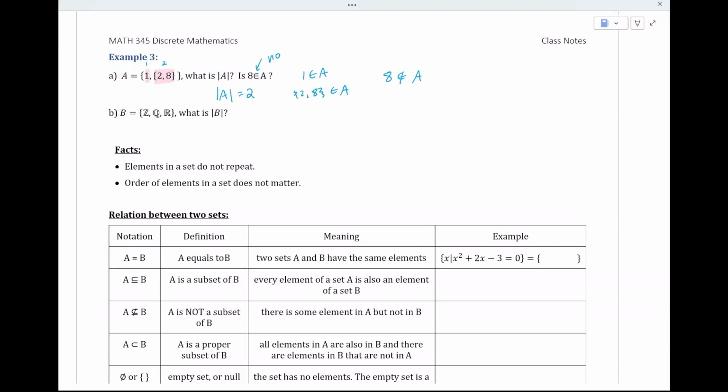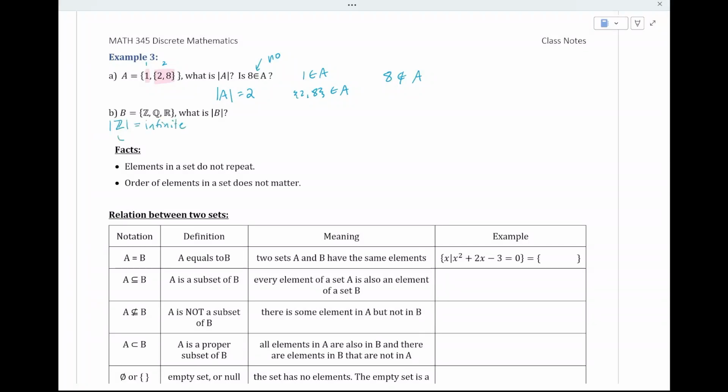Here's another set. B is the set that contains Z, which is the integers, Q, the rational numbers, and R, the real numbers. What is the cardinality of B? Well, we haven't talked about this yet, but how many integers are there? There's an infinite number of them.